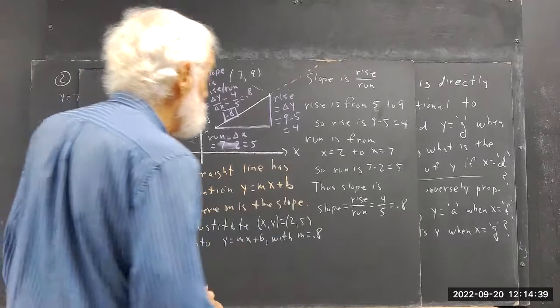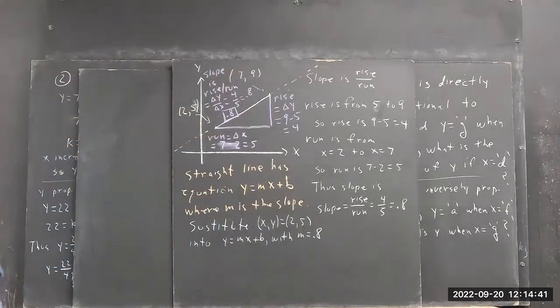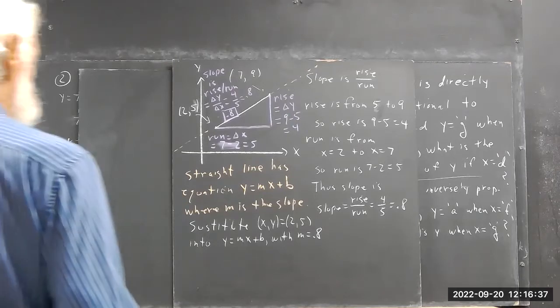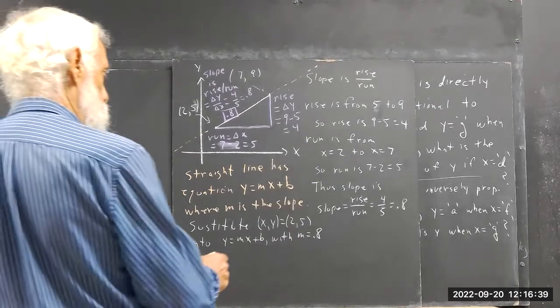What do we get? Write out the equation we get. Using the x and y we get from the point 2, 5 and the slope 0.8, what's the equation? And then solve that equation for b. Okay. People got this very quickly.